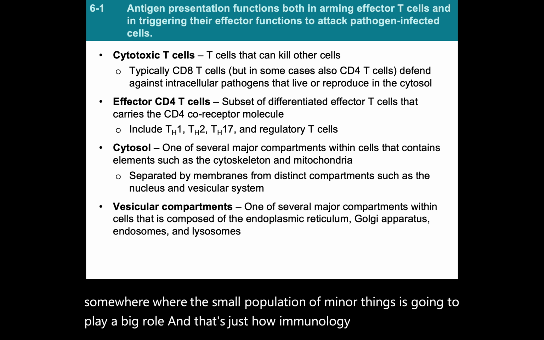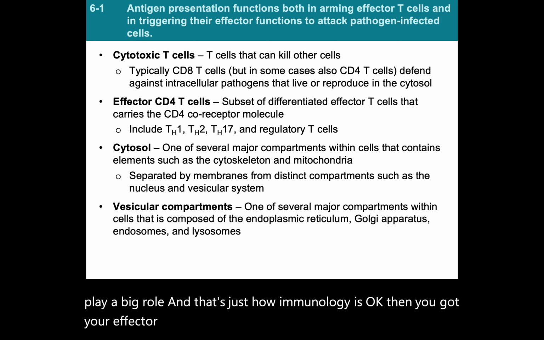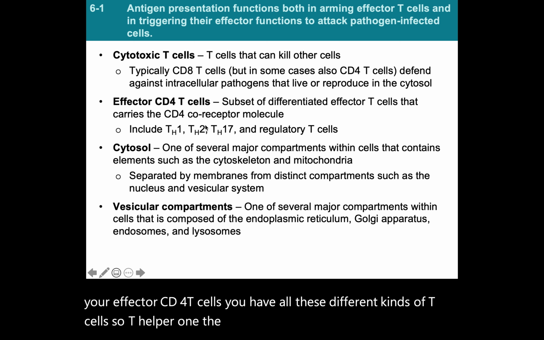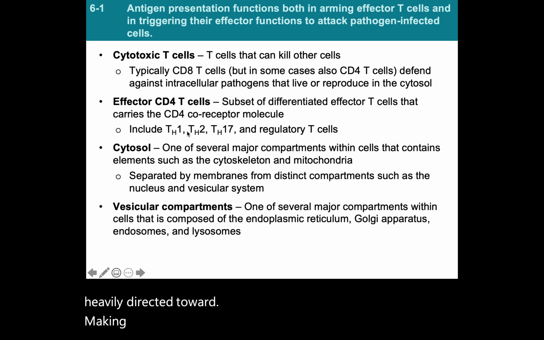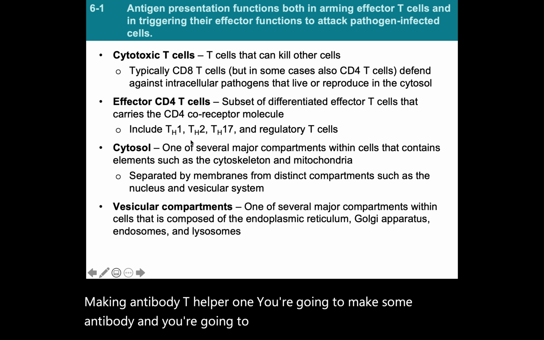Okay, then you got your effector CD4 T cells. And you're going to have all these different kinds of T cells. So T helper 1, T helper 2, which is going to be heavily directed toward making antibody. T helper 1, you're going to make some antibody, and you're going to do a good job at making other cytotoxic T cells.